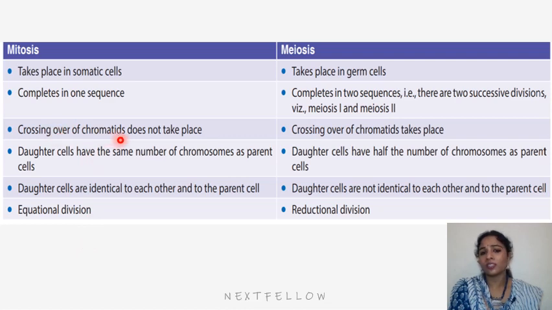Crossing over of chromatids does not take place in mitosis, but takes place during pachytene in prophase one of meiosis 1. Daughter cells are identical to each other and to the parent cell in mitosis, while in meiosis they are not identical to each other or to the parent cell. Mitosis is an equational division; meiosis is a reductional division. So these are the major differences between mitosis and meiosis.